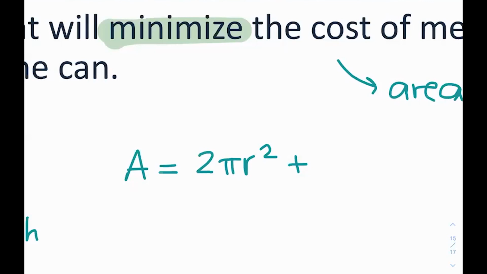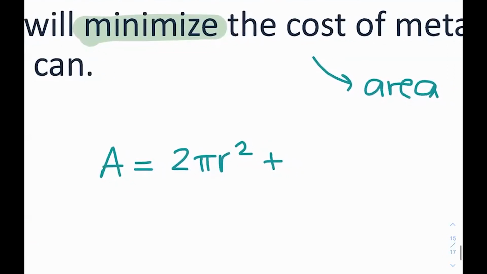When we do that, we have a rectangle that has a base of the circumference of the circle, so 2 pi r, and a height of the actual height. So there's my area formula.